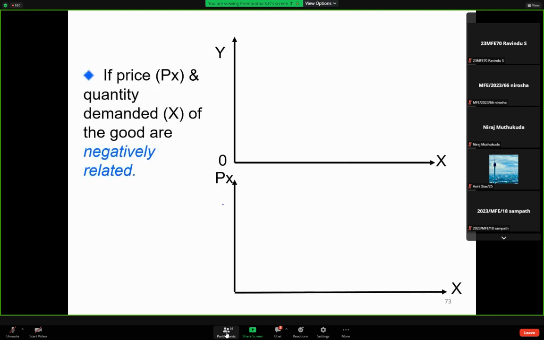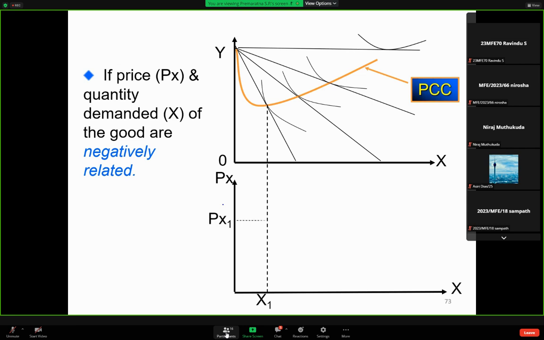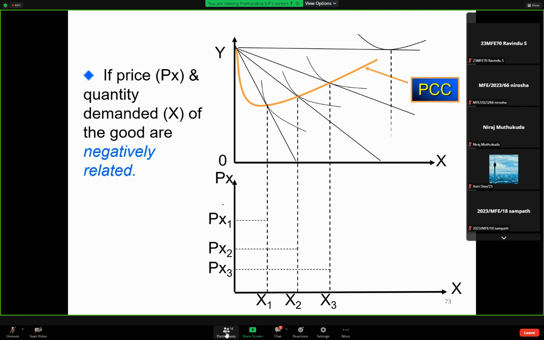Now here, it's a normal good. What happened with the price change? We got the price consumption curve. From the price consumption curve, for example, here PX1 and PX2 and different quantities demanded, we get the curve.